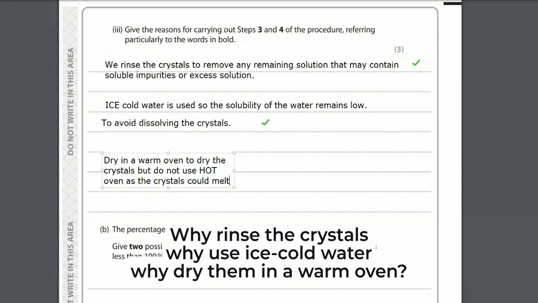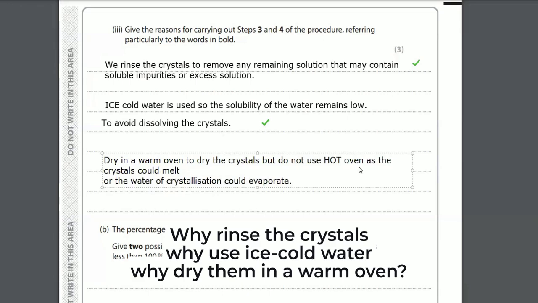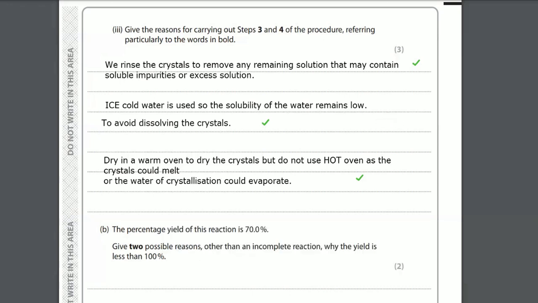We don't want the crystals to melt, or, as the crystals contain that dot H2O, water of crystallization, the water of crystallization could evaporate. Now that wouldn't be good because that's part of the product that we tried to make, that dot H2O. Those water molecules trapped within the crystals might start evaporating and that's going to change the crystals. So we want to avoid that.